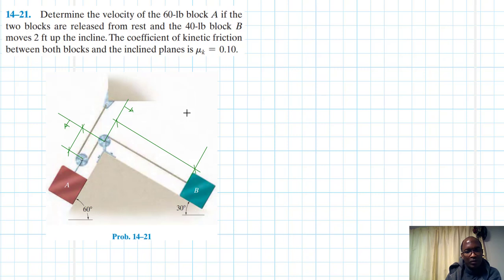And then we have the weight acting through the center of gravity. This is the weight there, and then we have components in this direction, one in this direction, and another one in that direction. Then we have another component.